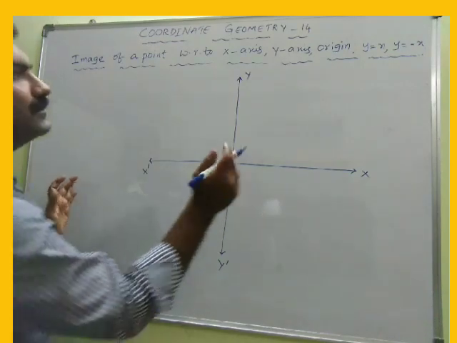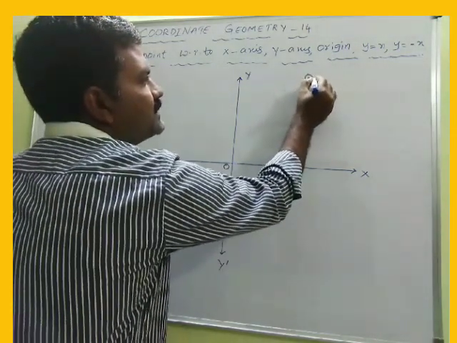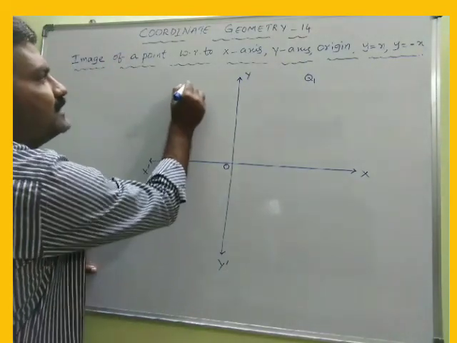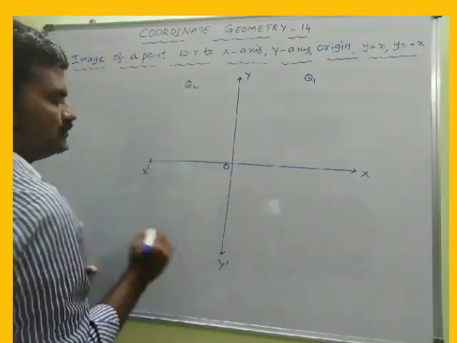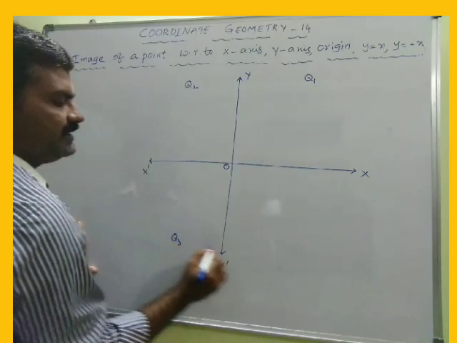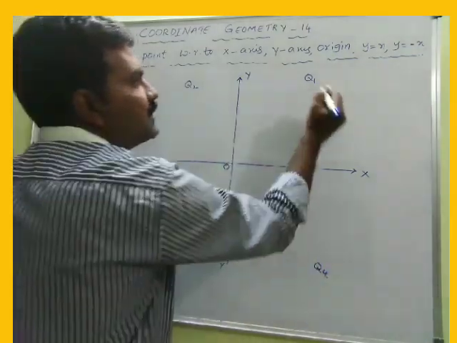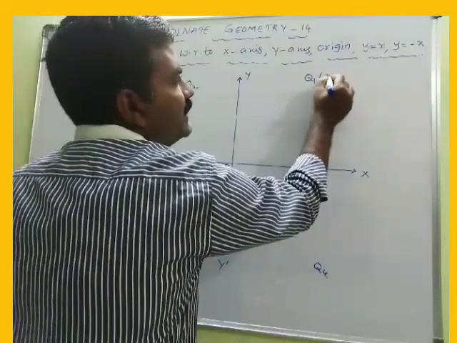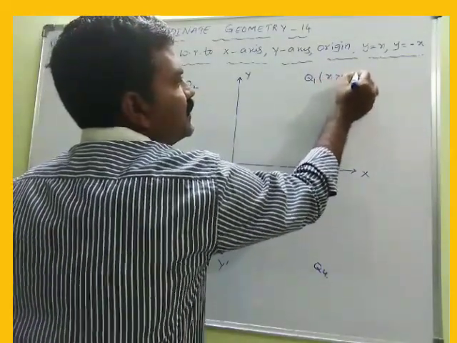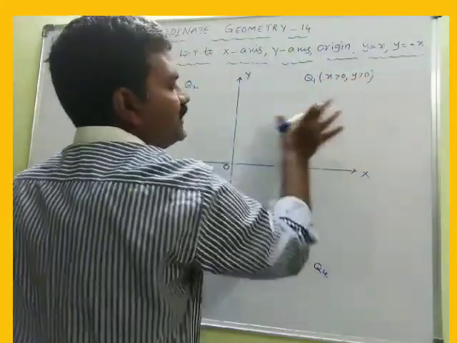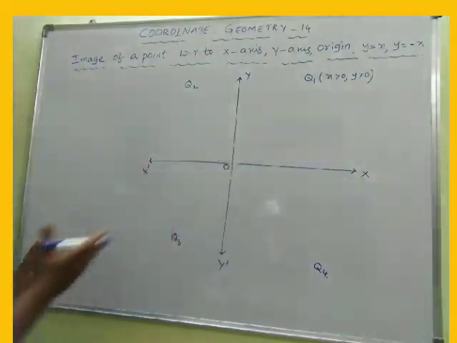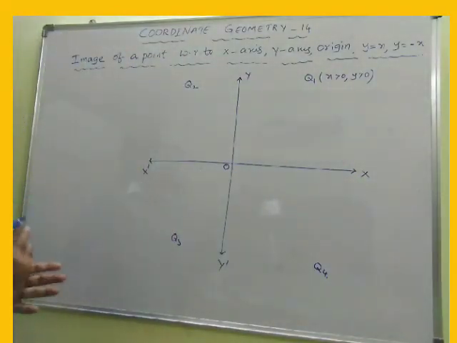And moreover you all know this belongs to quadrant 1 and this area is quadrant 2. Finally this is quadrant 3 and quadrant 4. You must also have an idea that in the first quadrant both the x coordinate and y coordinate are positive.